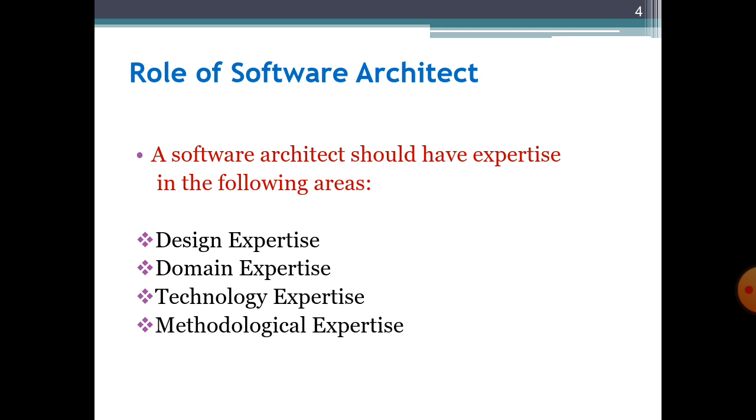So all of these kinds of politics can be involved in the SDLC process as well. These are informal hidden roles. But these four: design expertise, domain expertise, technology expertise, and methodological expertise, are the formal roles of a software architect in the development of any project.